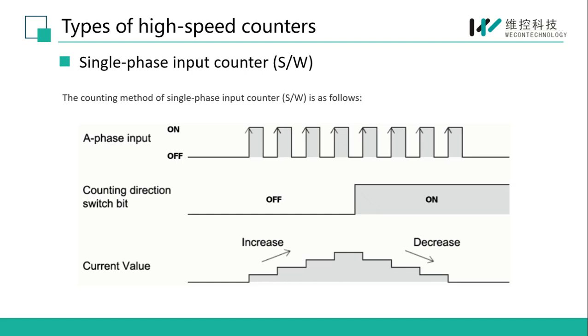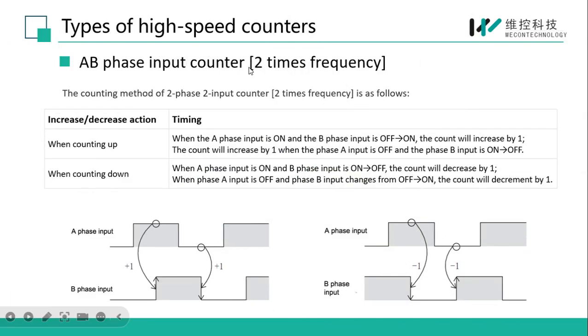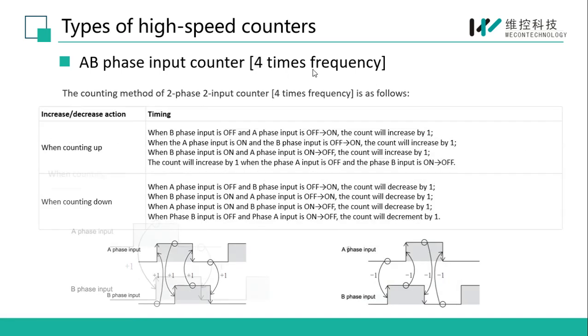First, our PLC supports 4 types of high-speed counter. The first one is the single-phase input counter, and the AB phase input counter is 1 times frequency, and 2 times frequency, and 4 times frequency.